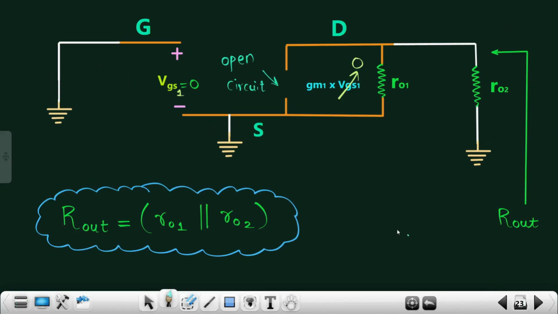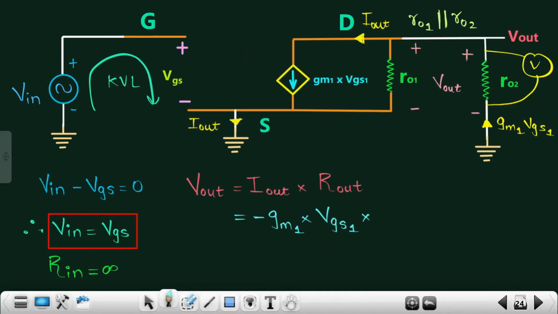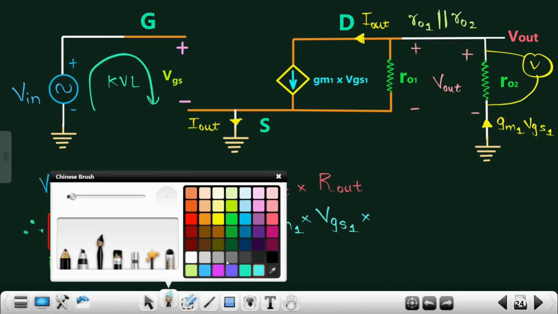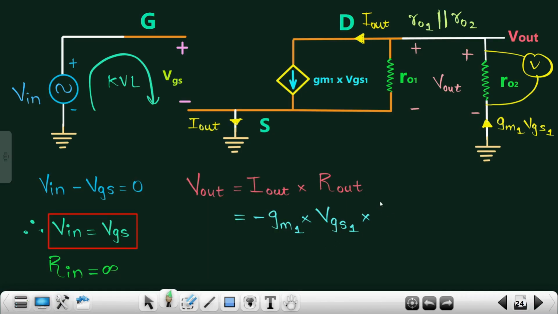R out is nothing but RO1 in parallel with RO2, right?